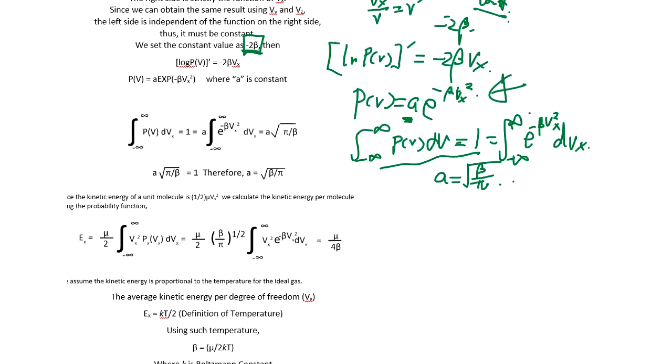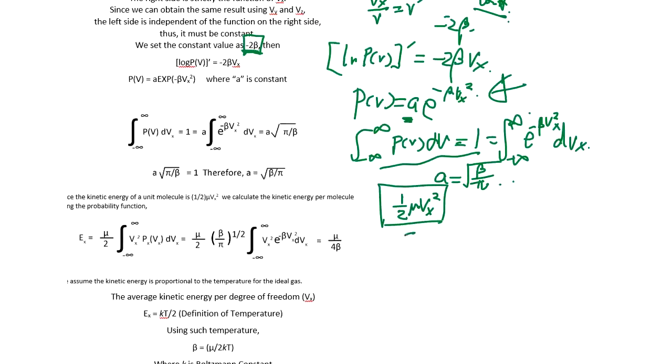We determined the constant, we got the distribution of the velocity, and energy. Energy is 1/2 the molecular weight and v squared, right?